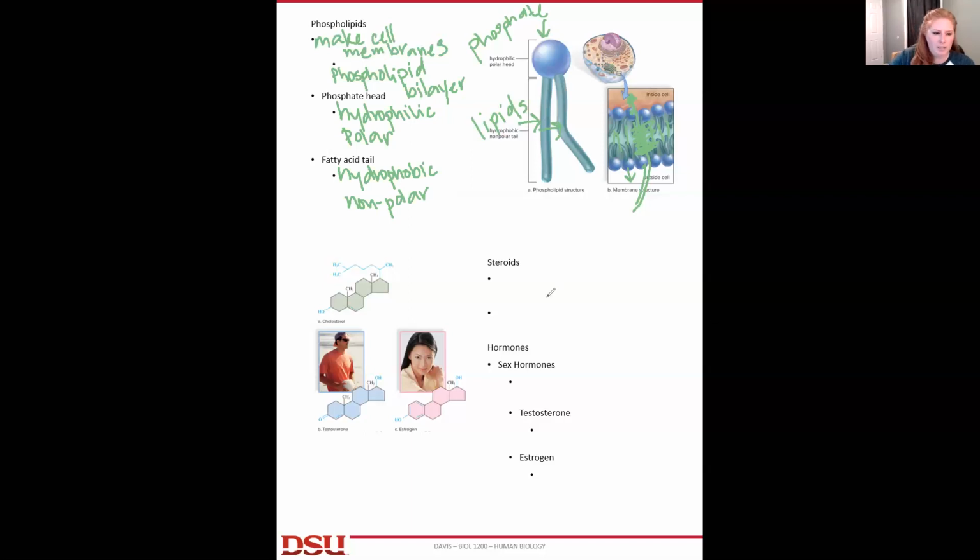All right, let's finish off with steroids. Steroids are made very differently. They have a very different structure from the other lipids that we've already talked about. But an example of a steroid is cholesterol.